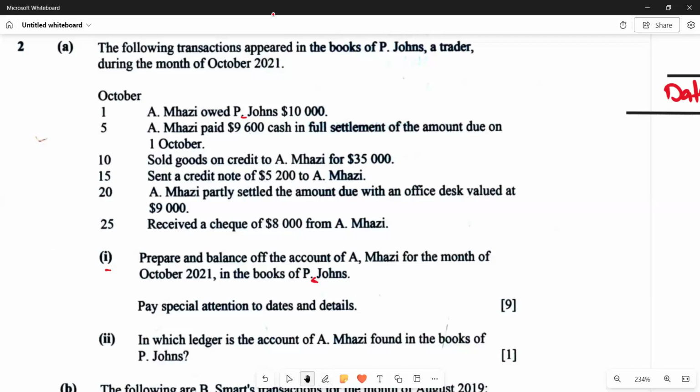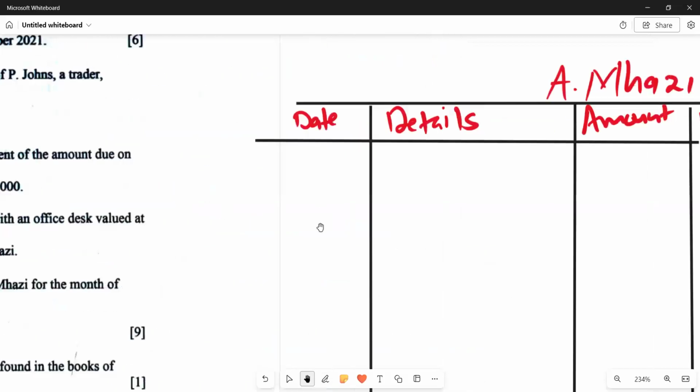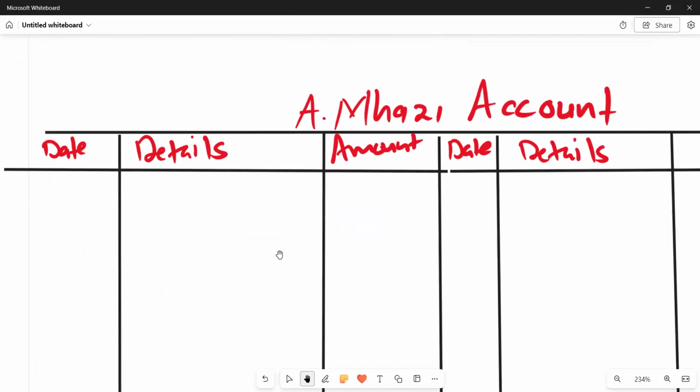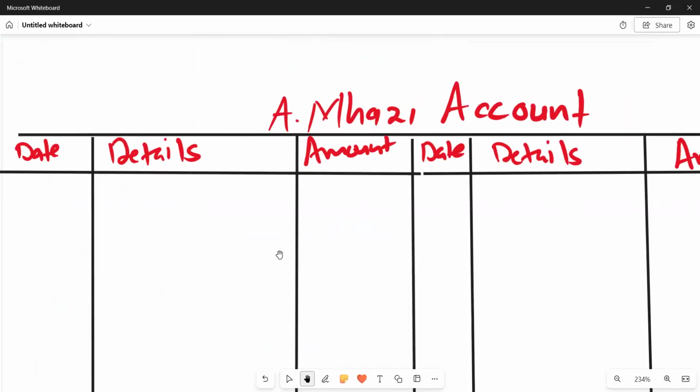So if you go to your T account in the answer section, this is our T account of A. Mazi. This A. Mazi account is going to appear in the debtors' ledger section. So we go to the debit side, and on date, we are in October. Obviously we write October on top, and every date that follows is going to be October, and this is October 1.